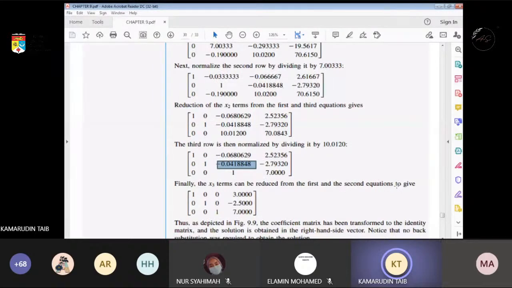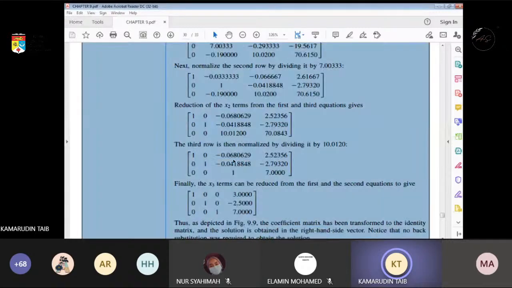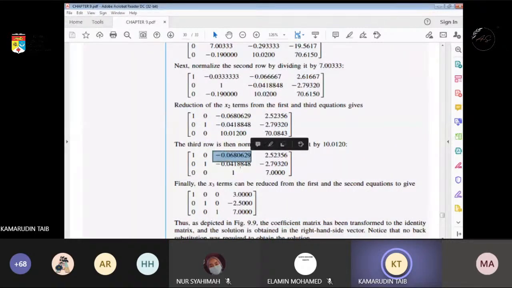So you are using this as well to get this element 0. And this element 0 also you will be getting by doing the elimination method. So you practice it.